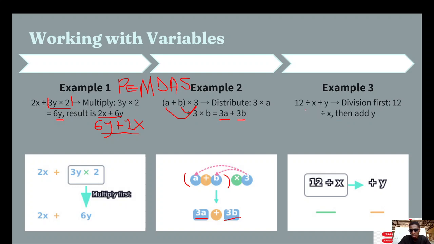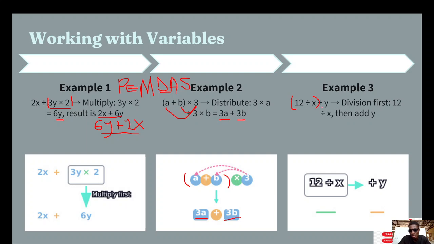Now example number 3, we have 12 divided by x plus y. Since we have division, remember PEMDAS, there is no bracket, there is no parenthesis, there is no exponent, there is no multiplication, there is division. So you can put this side into a bracket, and then you do what is here.